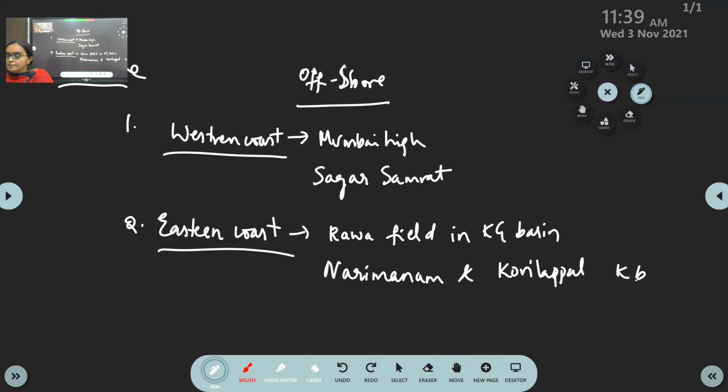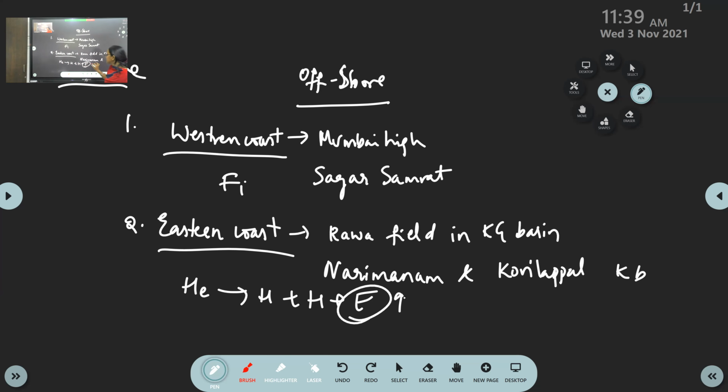Okay. The nuclear power reactor works on the principle of nuclear fission. Helium is divided into hydrogen plus hydrogen with the release of energy. This energy is used to heat up the water. That steam will turn the turbine and the electricity is produced. Okay, we need small quantities of nuclear material.